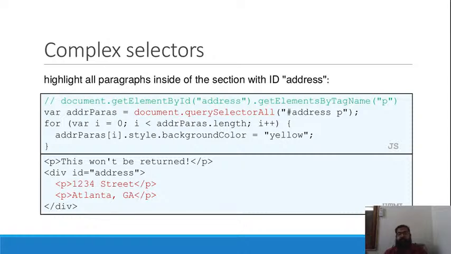So we pass the ID hash address, space, p as the tag, in double quotes, as a string. Then we access each of the objects and set the background color to yellow.